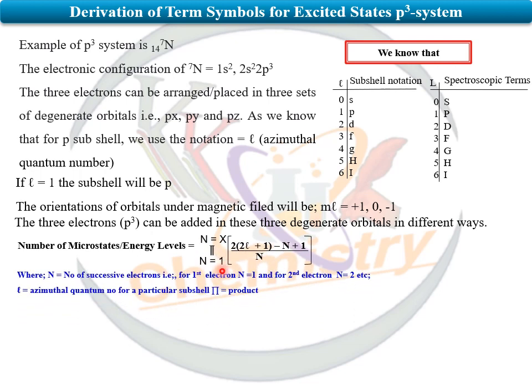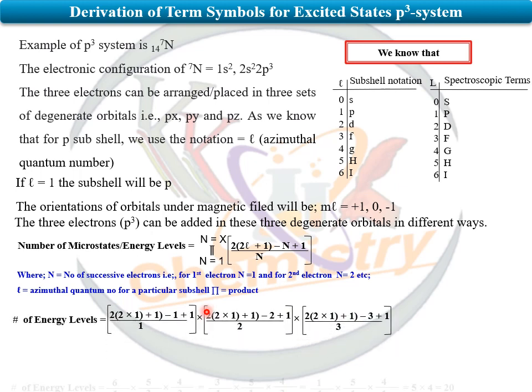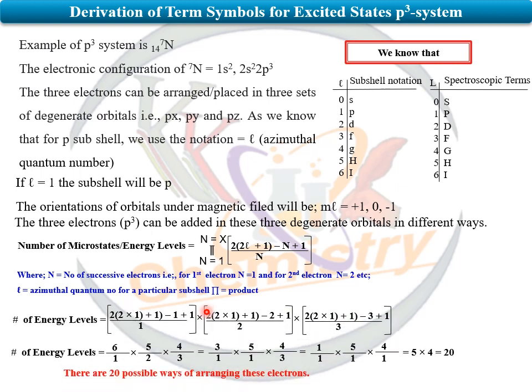We have discussed it earlier; you can go to the previous lectures. Here, the total number of possible ways to place these 3 electrons is 20. So there are 20 possible ways of arranging these electrons differently.